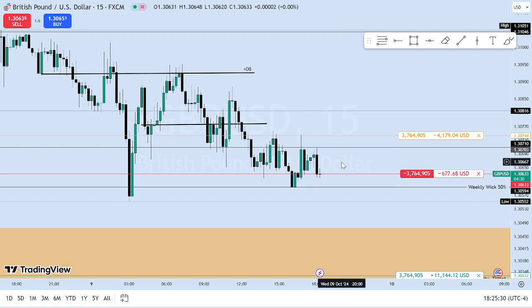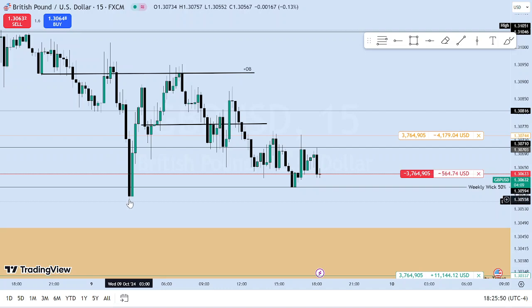Each candle you see here opens and closes within 15 minutes. Each candle opens, rallies, goes up, then closes. Here is the close.